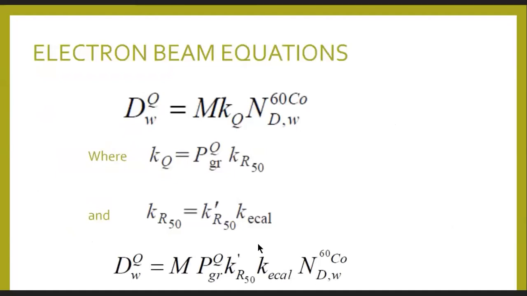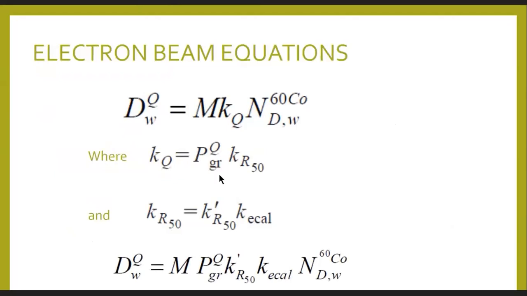And the general formalism for calculating absorbed dose in water is basically the same as the one for photons, yet in the TG51 protocol, they break down the factor into specific quantities.